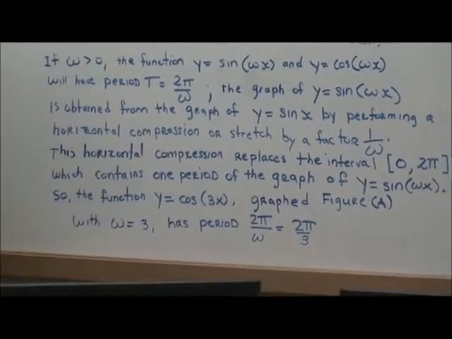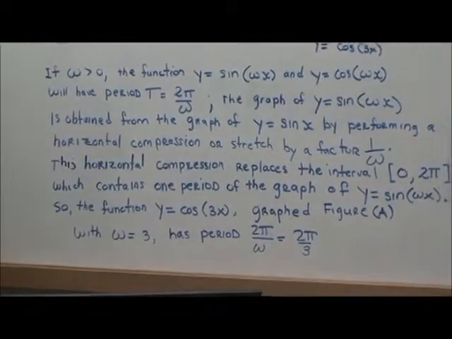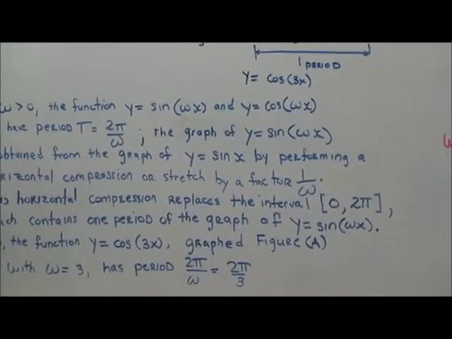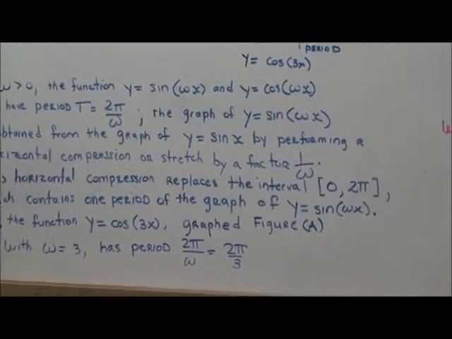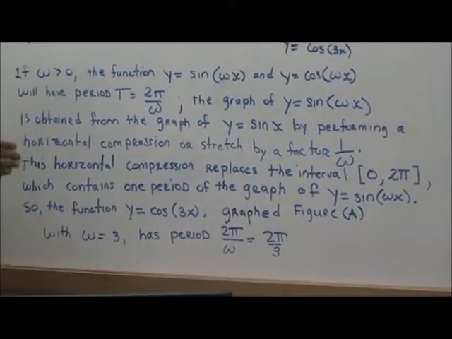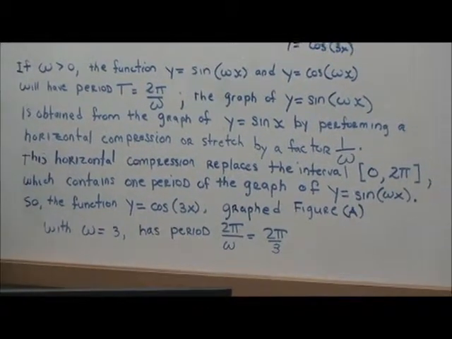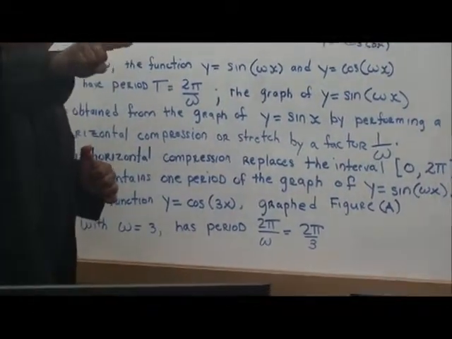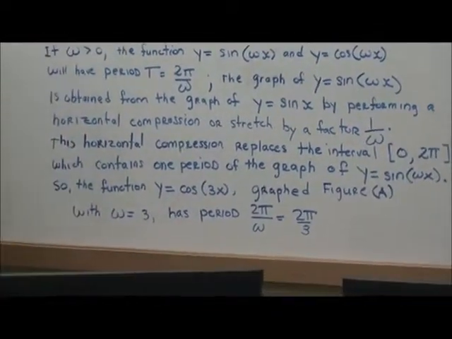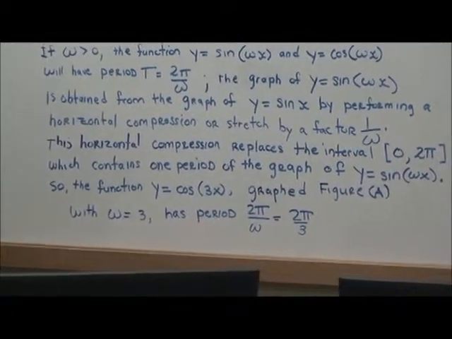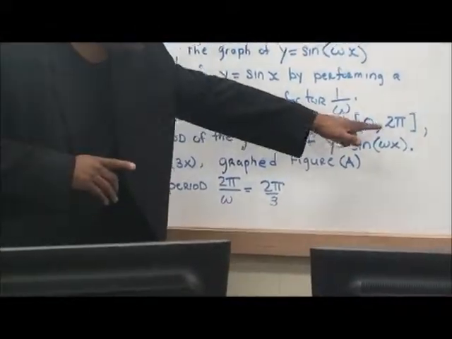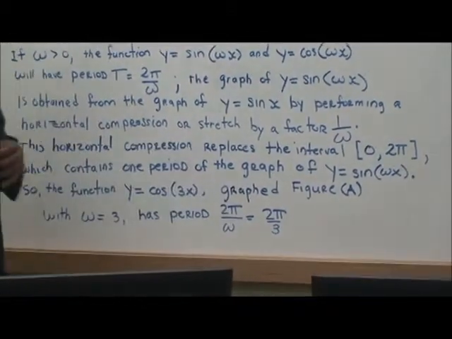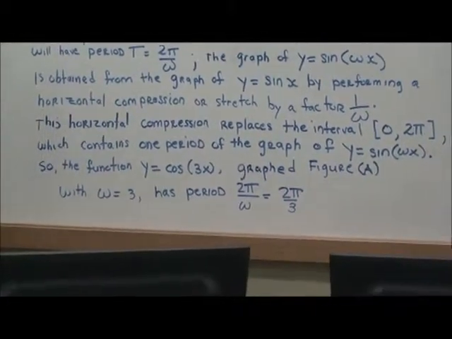So the graph of y equals sine omega x is obtained from the graph of y equals sine x by performing what? From last time, a horizontal compression by a factor of 1 over omega. Now this horizontal compression replaces the interval 0 to 2 pi, which contains one period of the graph of y equals sine omega x.